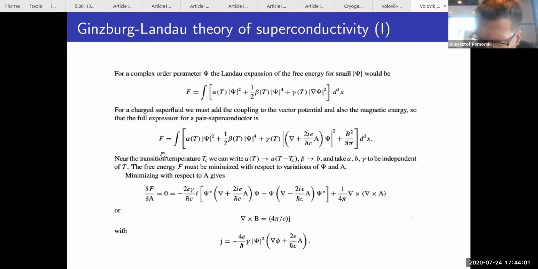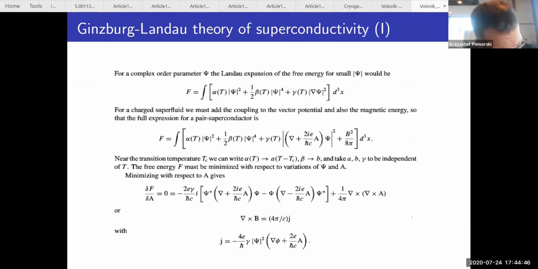So you obtain the Ginzburg-Landau equation, a nonlinear Schrödinger equation, or you can take the functional derivative of this free energy with respect to the vector potential, and then you obtain the equation for the electric current, you can say. So that's this type of equation, right? It's very essential that this theory has a very simple methodology, and later it was described more deeply from BCS theory.